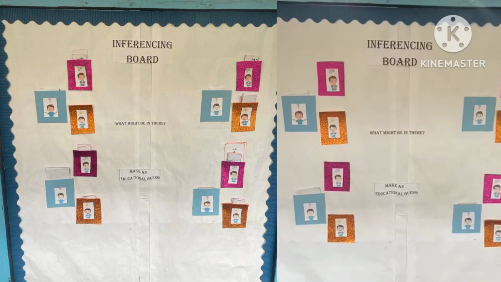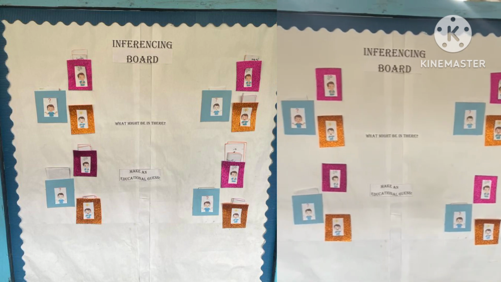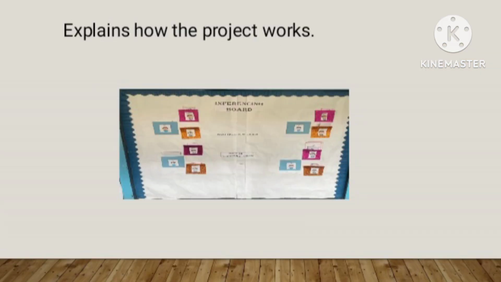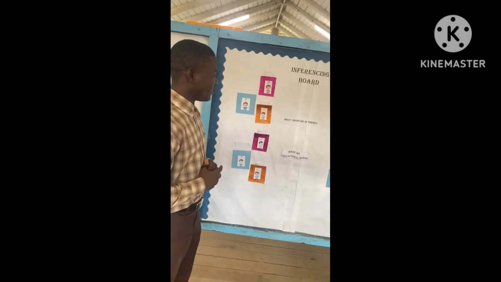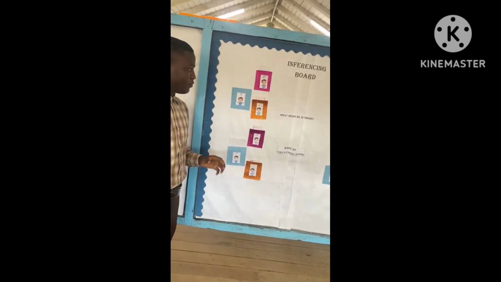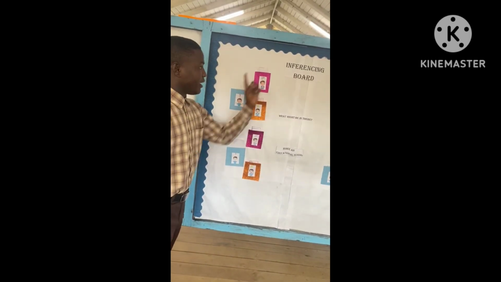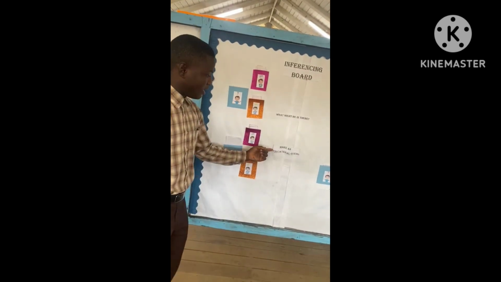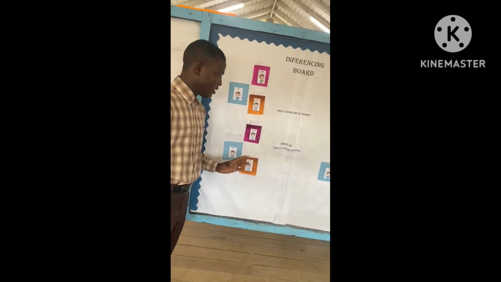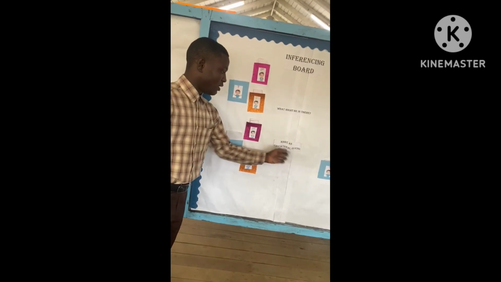Now, this is the game, and this is me explaining how the project works. Good afternoon. This game is called the Inferencing Board. What might be in there? We're talking about the pockets, and the pupils are to make an educational guess.